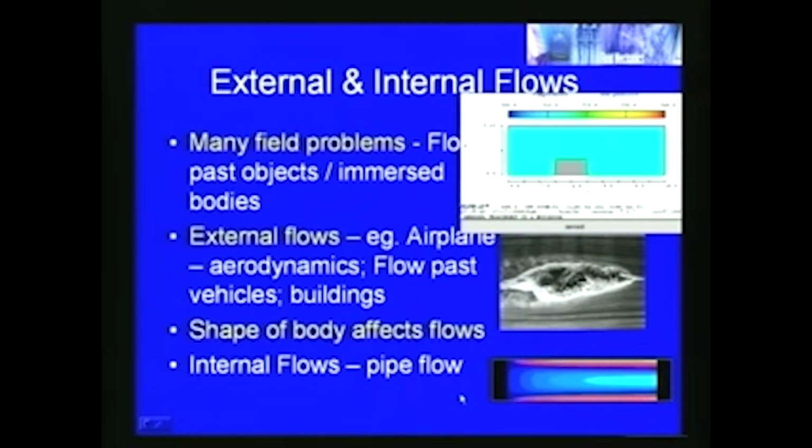So like this, there can be a number of examples. Whether the fluid is flowing through a pipe as an internal flow, or passing over immersed bodies or past objects as an external flow, in all these cases a boundary layer is created, and we have to deal with this boundary layer in most practical fluid flow problems.